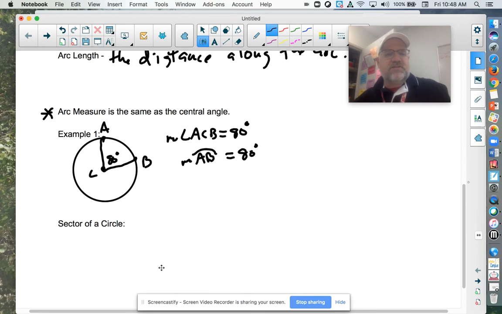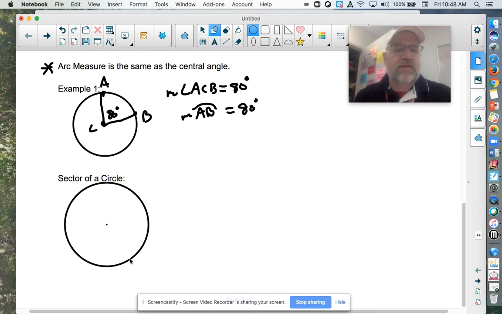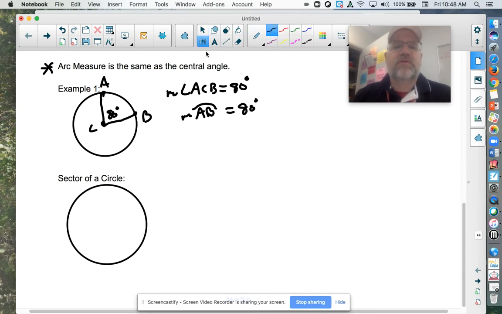Okay, so let's talk about sector of a circle. Now this is a piece of pizza. So if I was drawing another circle, man, I'm so glad I have this feature that allows me to just click buttons. But if I'm talking about a sector of a circle, again, I'm going to that center. I'm actually talking about that slice of pizza, how much area is in that slice of pizza.